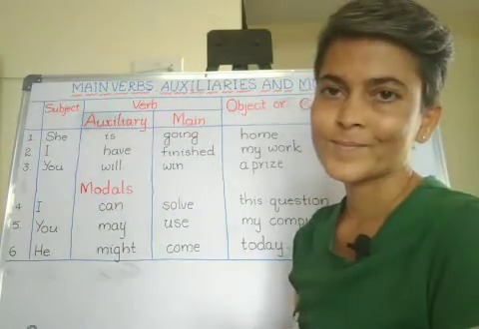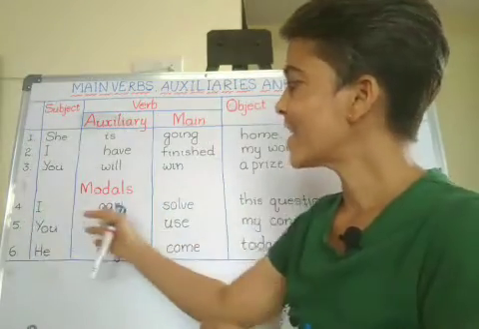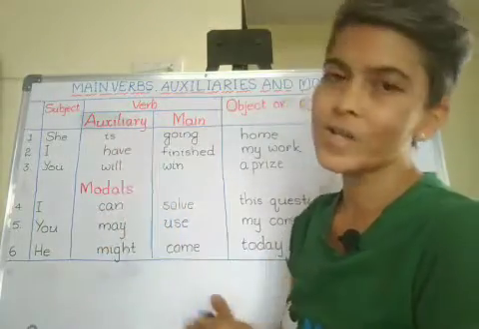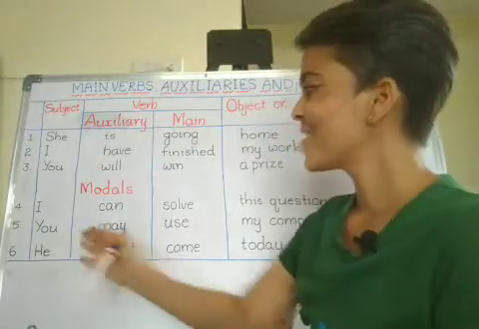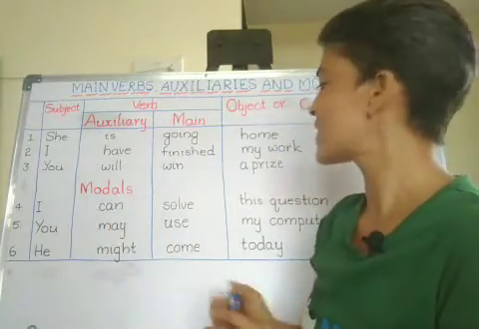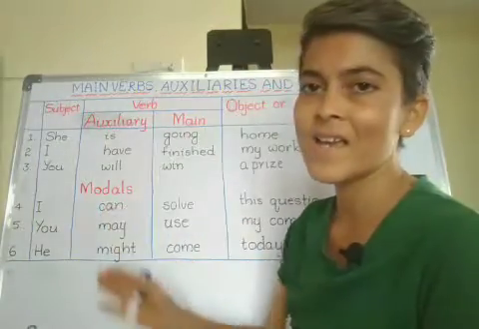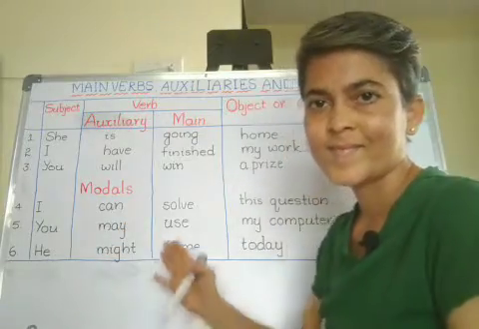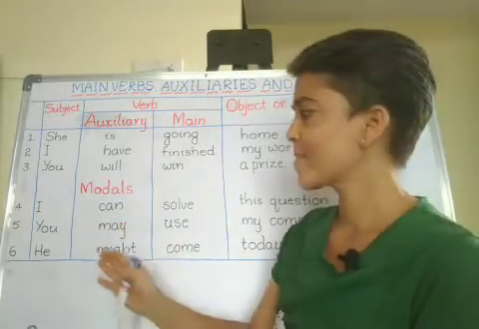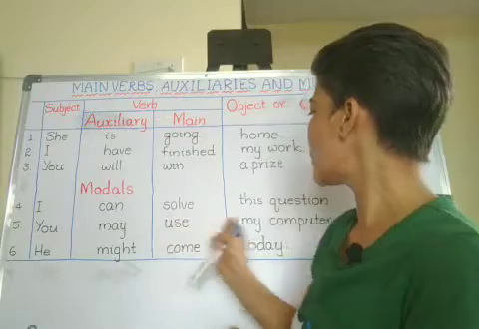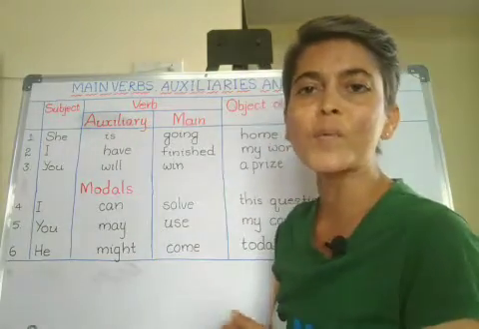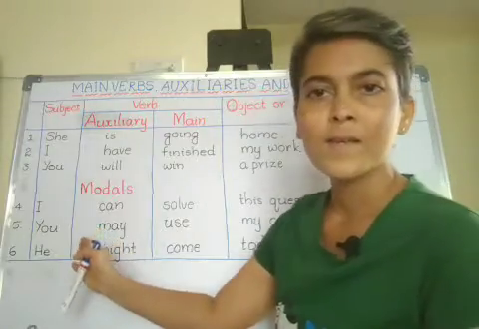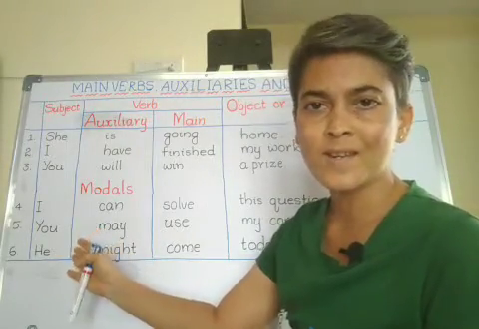Modals. I can also auxiliary and also modal. So I can solve this question. Can here shows ability. Can, ability. You may use my computer. I gave permission. So it is showing permission here.